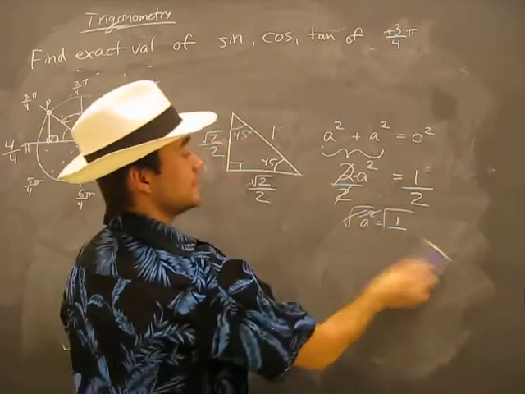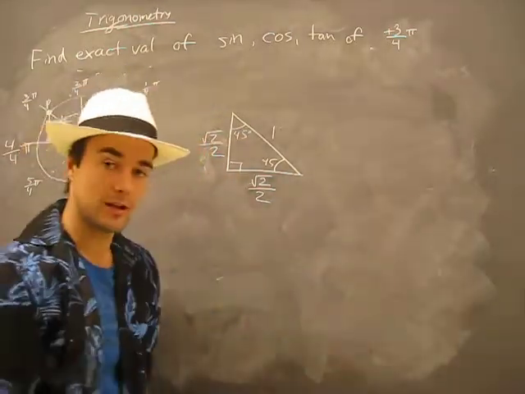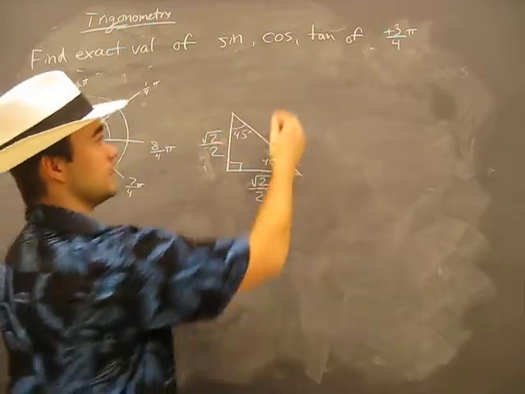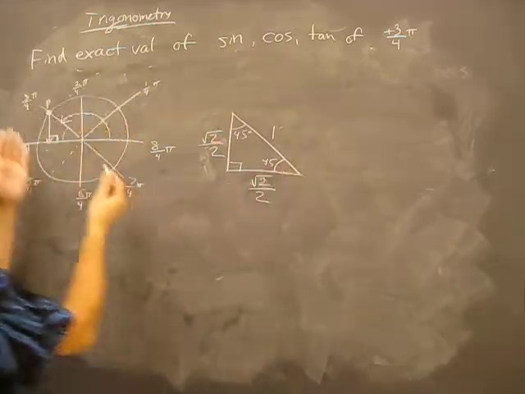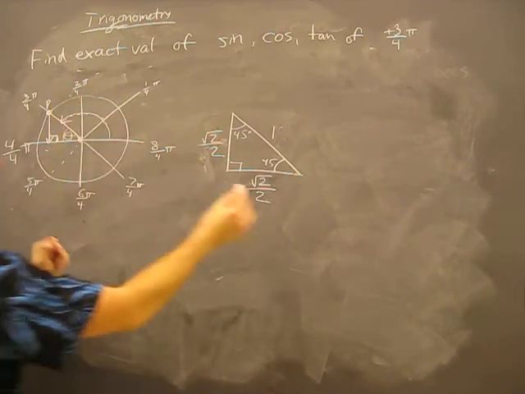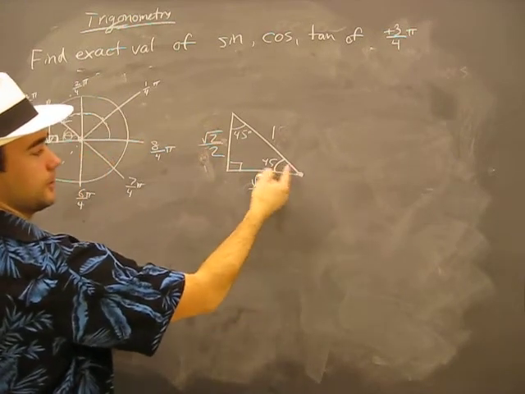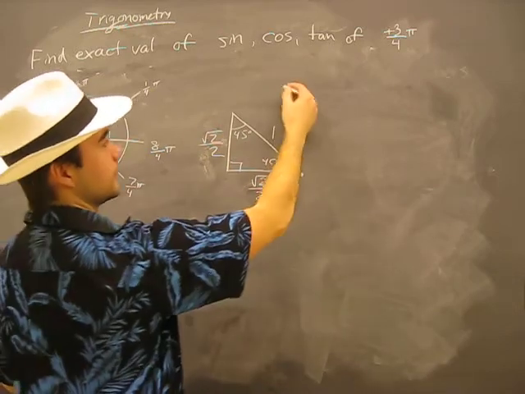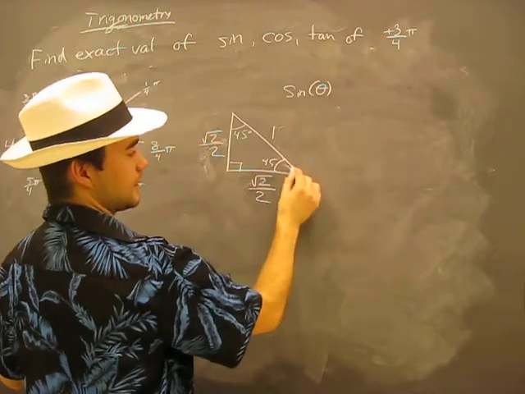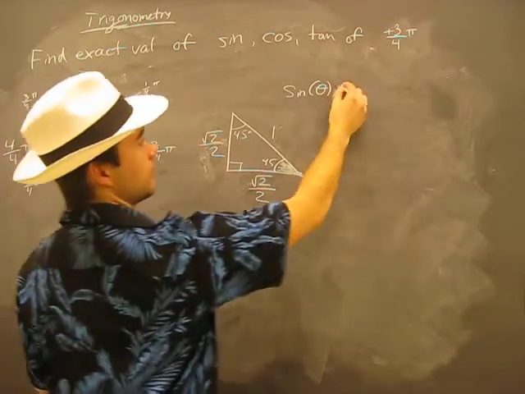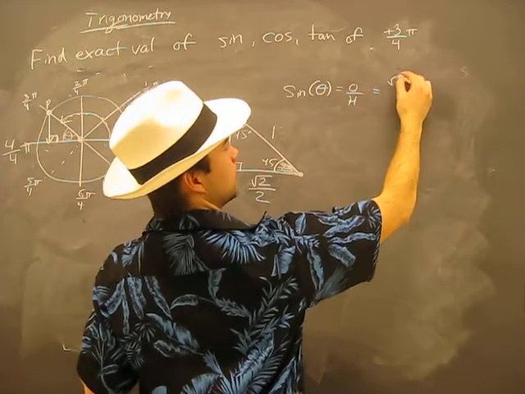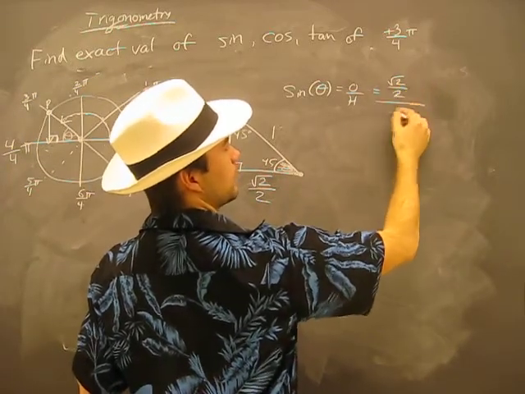Now that we have all the sides of the triangle, we are able to get our ratios, the sine, cos, and tan. So let's look at this here. This is our theta, this angle that's attached to this here, so we're going to talk about this 45-degree angle. Sine of theta, that's this guy right here. Well, that's opposite over hypotenuse. That's root 2 over 2 divided by 1.